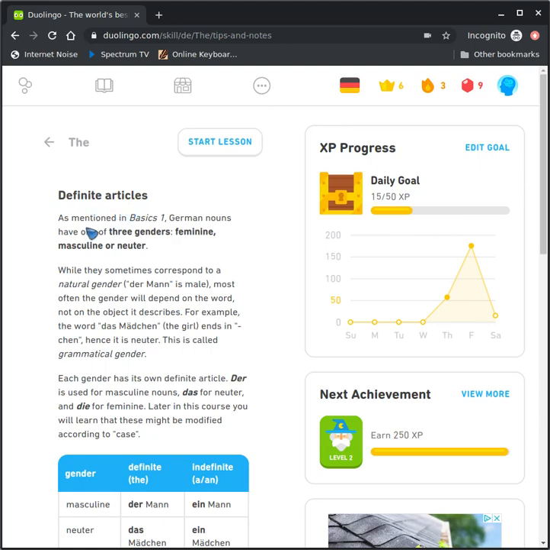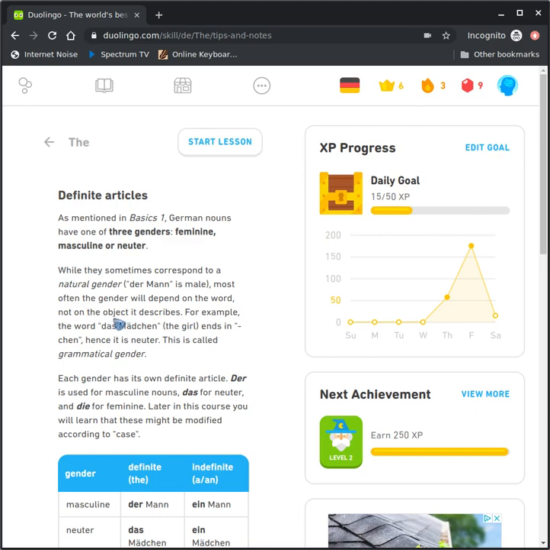Definite articles. As mentioned in Basics 1, the German nouns have one of three genders: feminine, masculine, or neuter. And while they sometimes correspond to a natural gender, like der Mann is male, most often the gender will depend on the word, not on the object it describes.